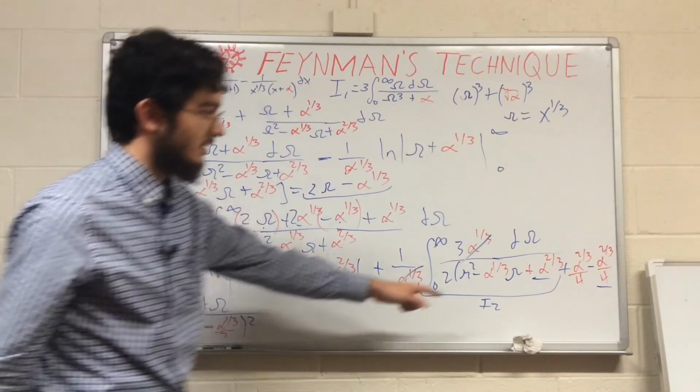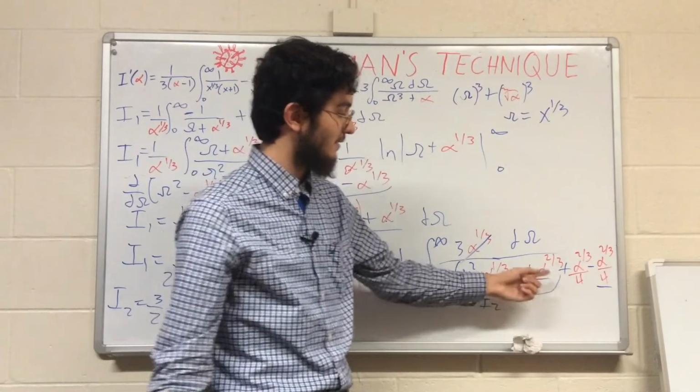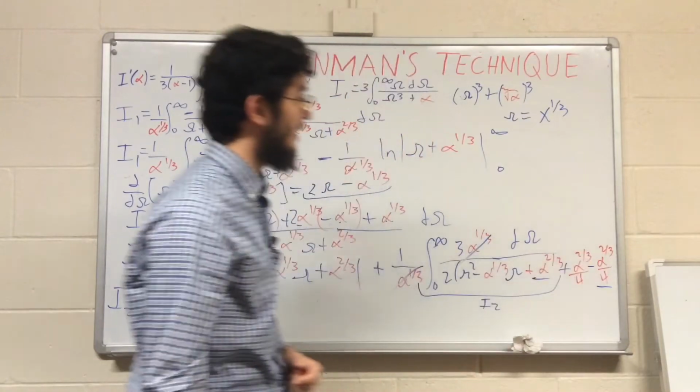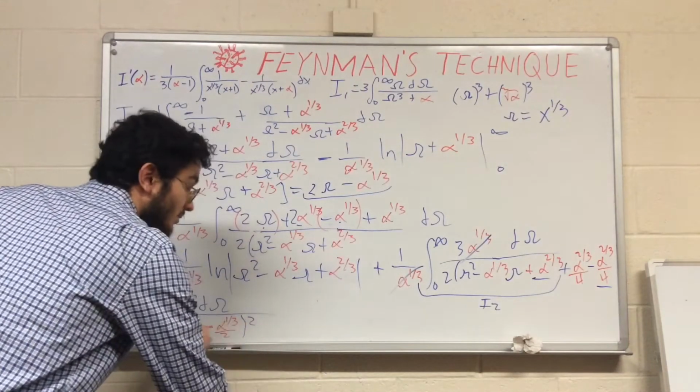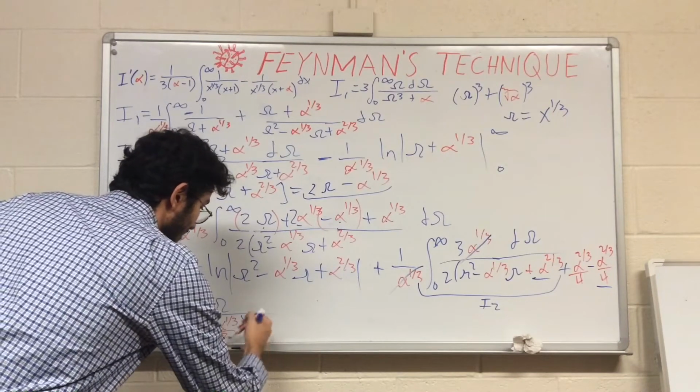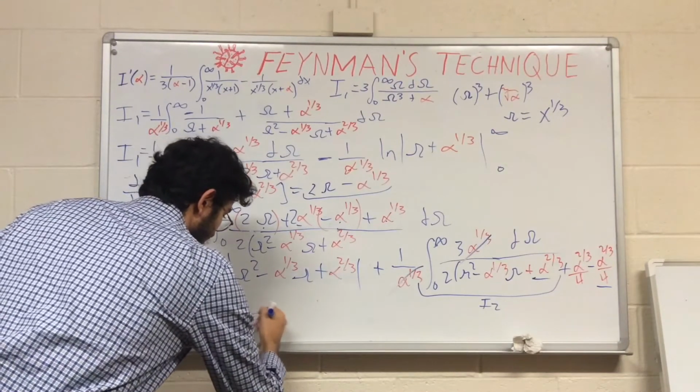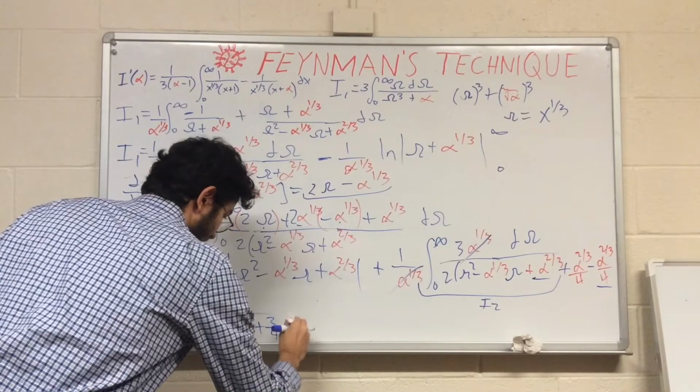And of course, if we add what is left, which is alpha to the 2/3 minus alpha to the 2/3 over 4, we get 3/4 of alpha to the 2/3. So we have plus 3/4 alpha to the 2/3.